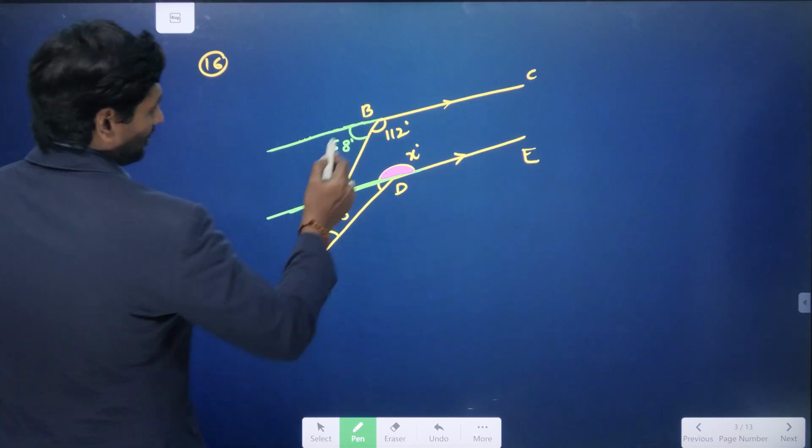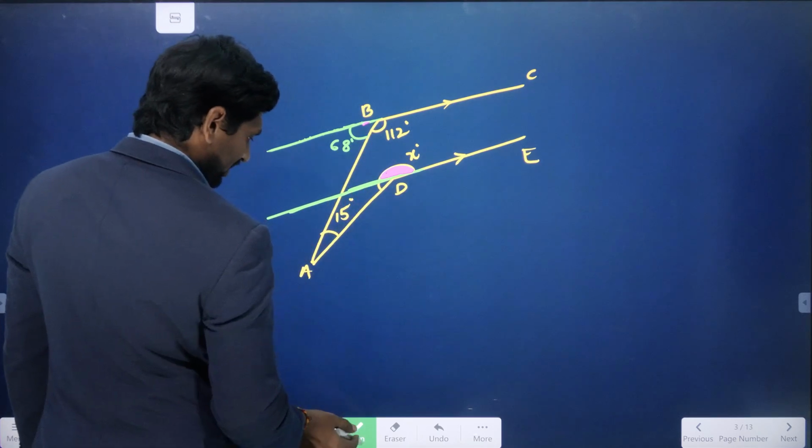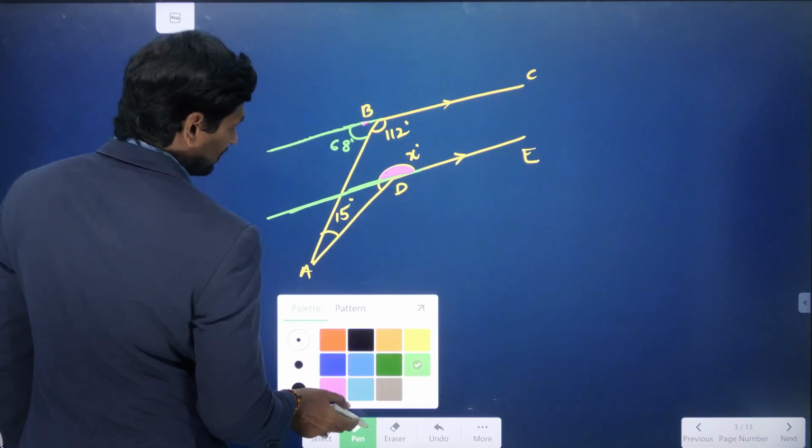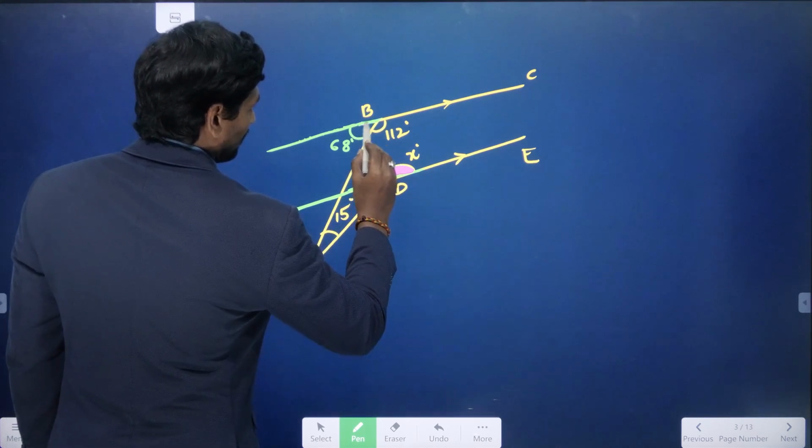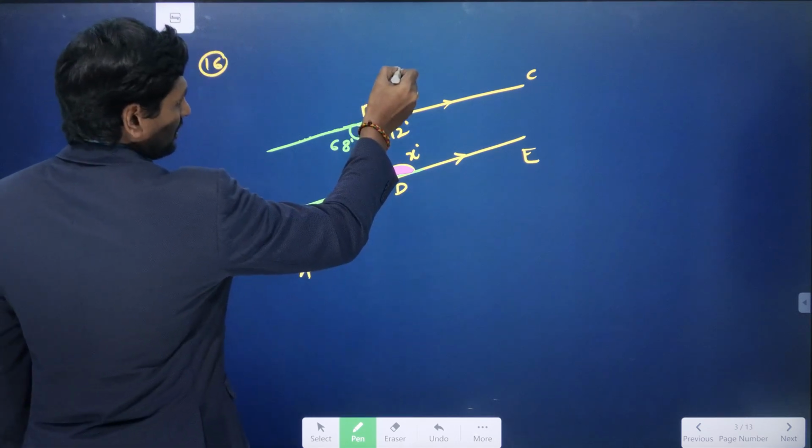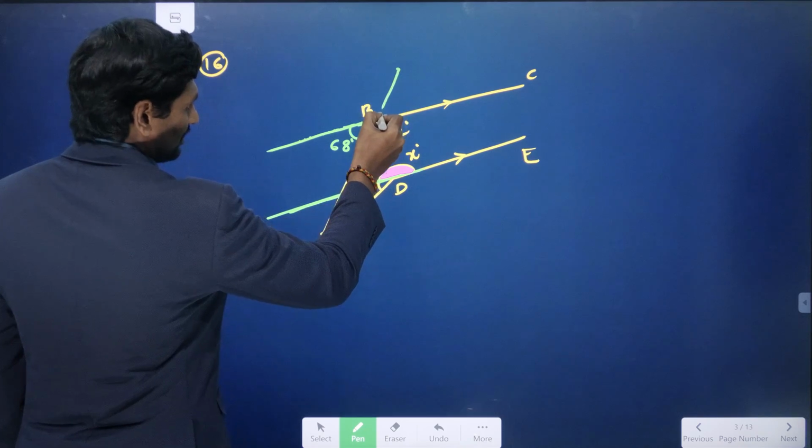Now check here. We already constructed the parallel line. We extended the parallel lines, right? This line is considered as a transversal.